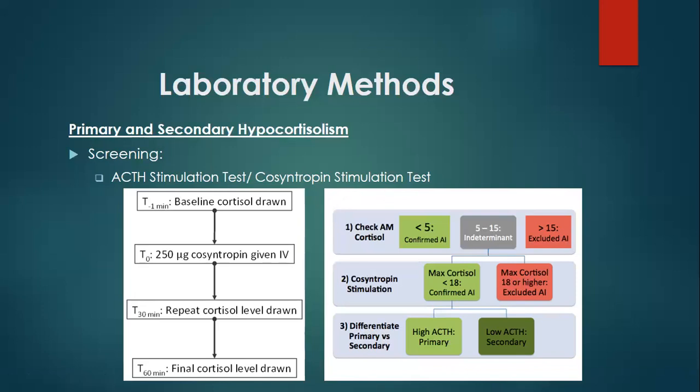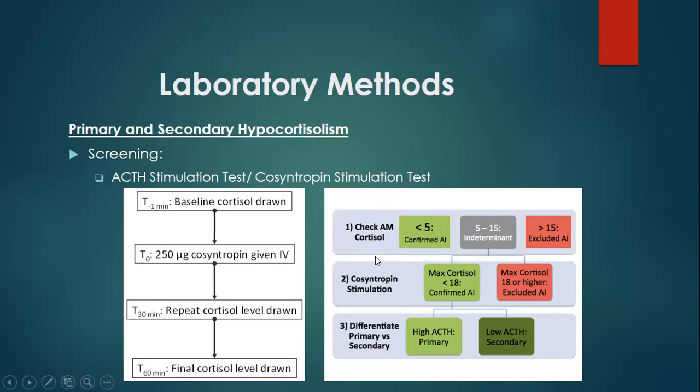Confirmed adrenal insufficiency would be a level less than 5. Indeterminate would be 5 to 15, and more than 15, you need to exclude adrenal insufficiency because this would mean we have increased levels of cortisol. Those samples with indeterminate levels, we proceed with the cosyntropin stimulation test or ACTH stimulation test.